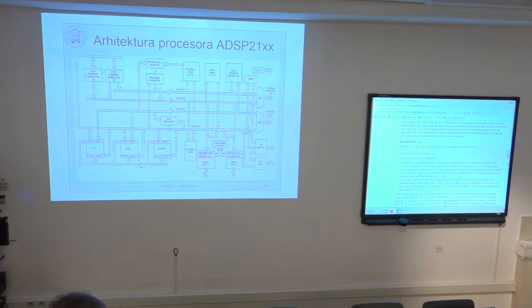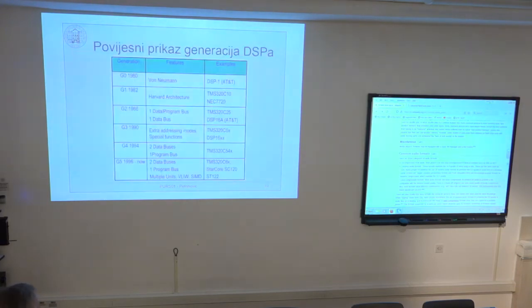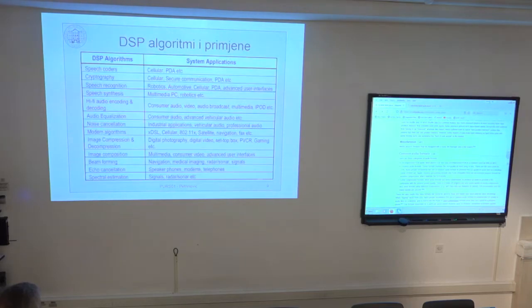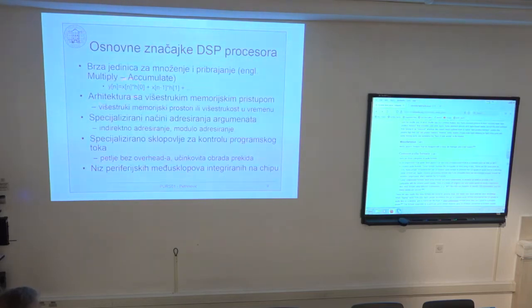Typically in applications where DSPs are used, you need 2 arguments for each of the instructions. Not a single argument, but 2 arguments. And for that reason, ideally, you would like to fetch 2 data values in the same cycle. An example of why I need this kind of double data fetching is shown here.